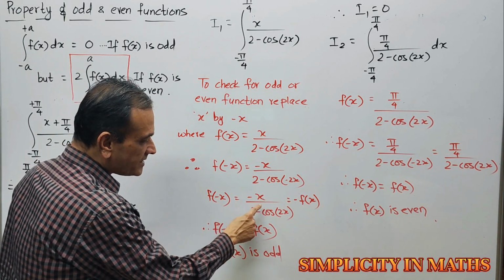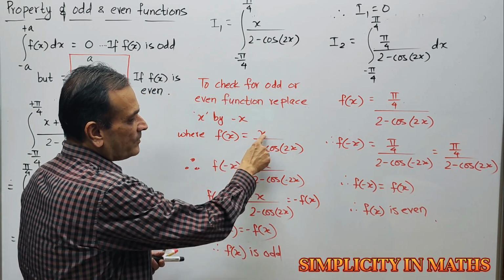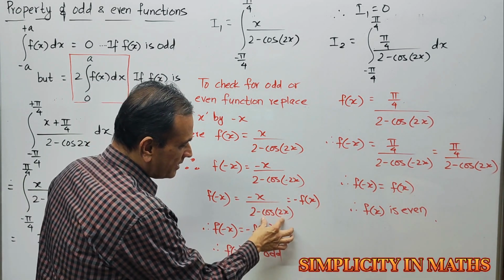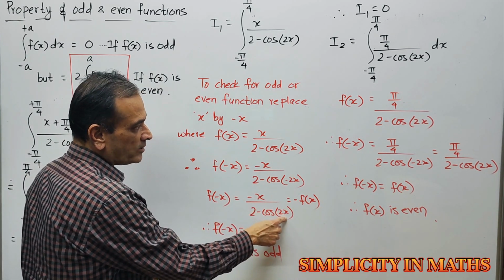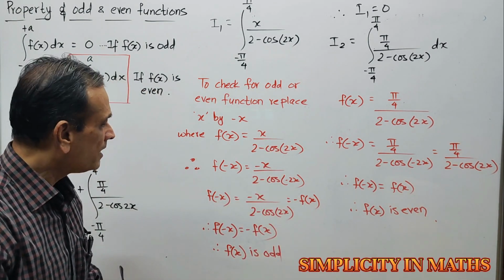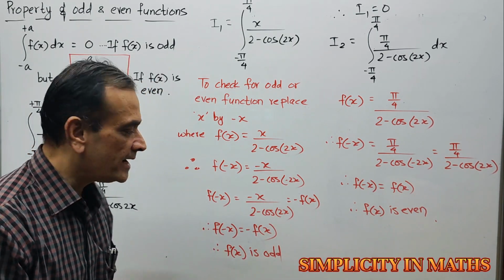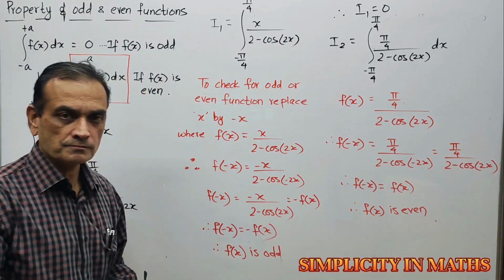Now observe, minus of x upon 2 - cos 2x means what? ये जो f(x) है यहाँ पे, x upon 2 - cos 2x, that has been repeated over here. See, minus of x upon 2 - cos 2x, ये repeat हो गया. That is minus f(x). Okay, so after replacing x by -x, sometimes you get f of -x equal to minus of f(x).